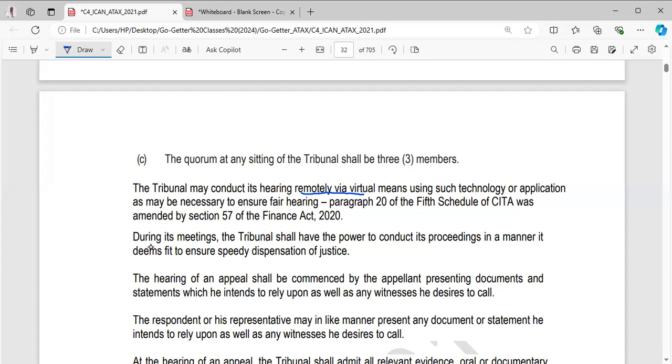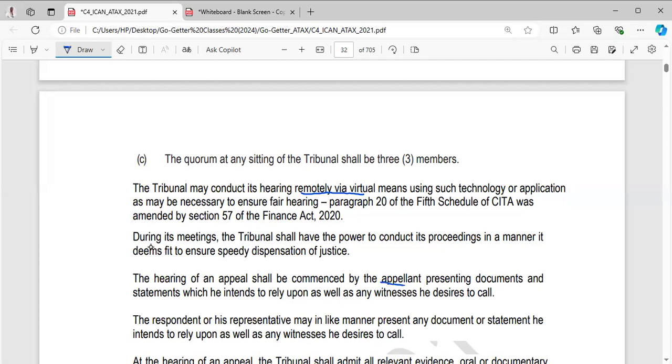All right. During this meeting, the tribunal shall have the power to conduct its proceedings in a manner it deems fit to ensure speedy dispensation of justice. The hearing of an appeal shall be commenced by the appellant, that is the one who is appealing.